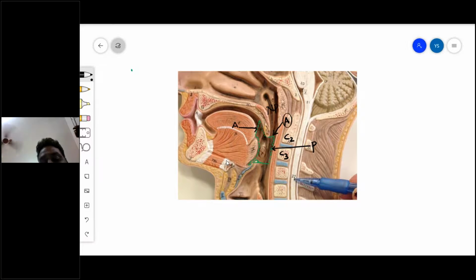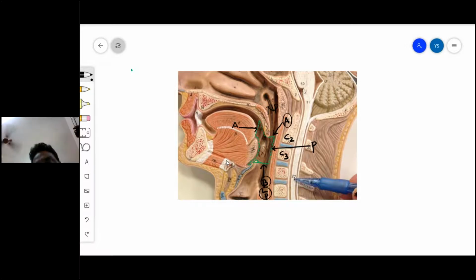Below, it communicates with the laryngopharynx. Laterally it is formed by mucous membrane covering the palatine tonsil. In any part, whether oropharynx, nasopharynx or laryngopharynx, the lateral wall is mainly formed by mucous membrane. So this is about the boundaries of the oropharynx.